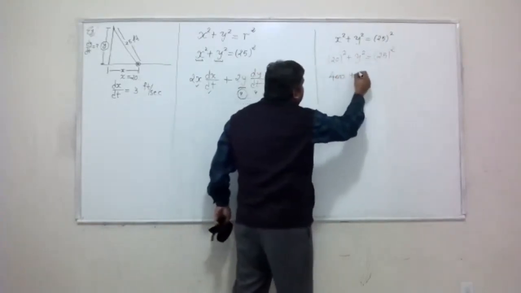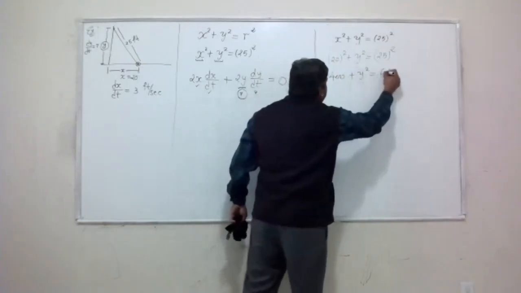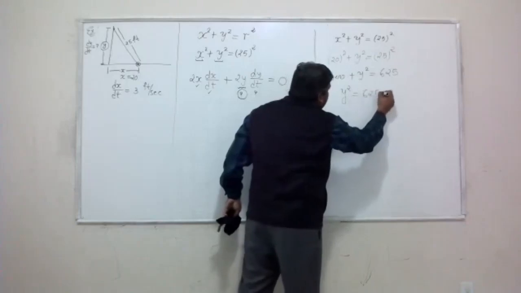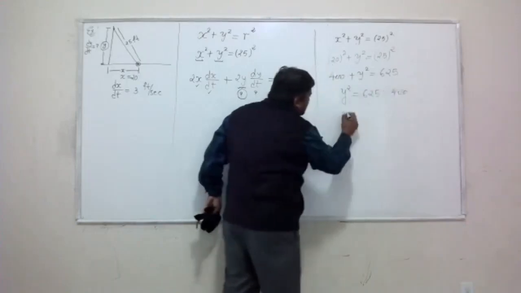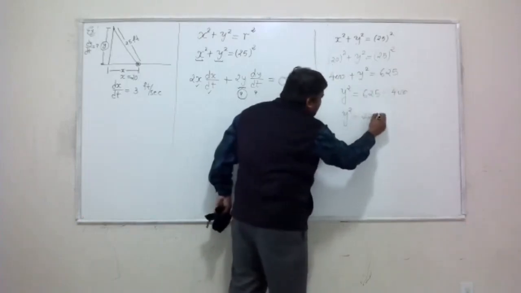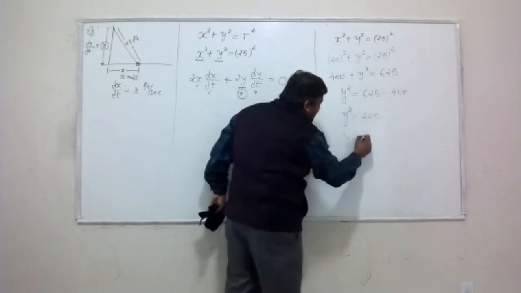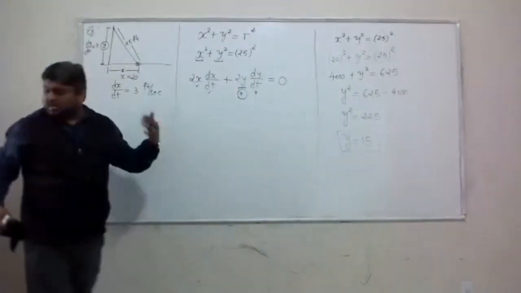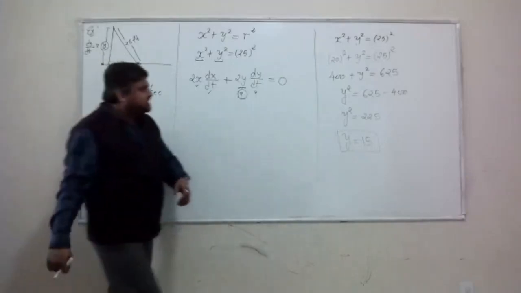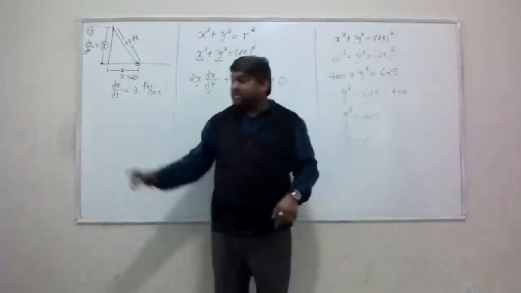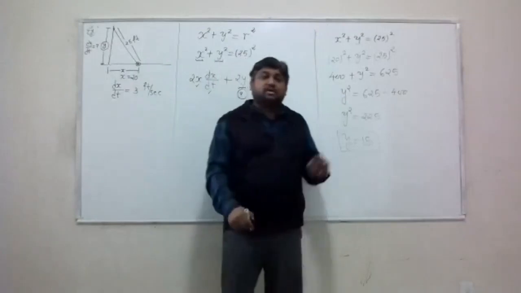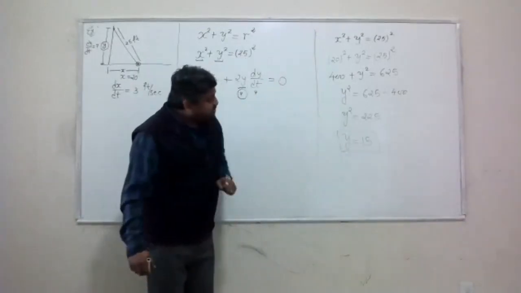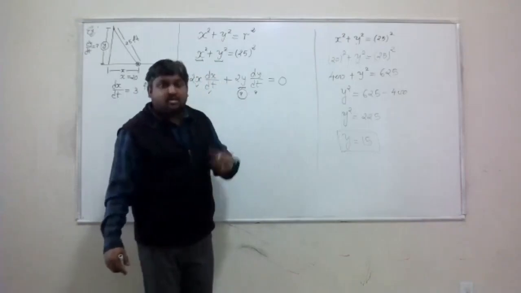This is 400 plus y squared equal to 625. So y squared must be 625 minus 400. y squared is 225. This means y must be 15. Again, we wanted to produce a nice number as an output, so that's the reason why I made that little change in our problem. Okay, so I got y equal to 15.